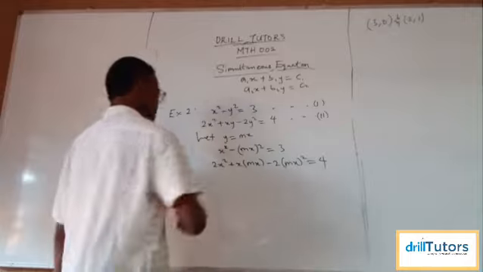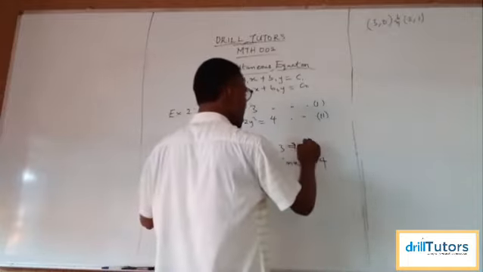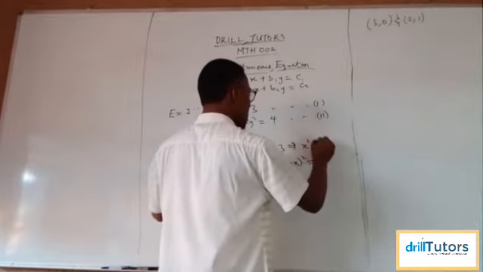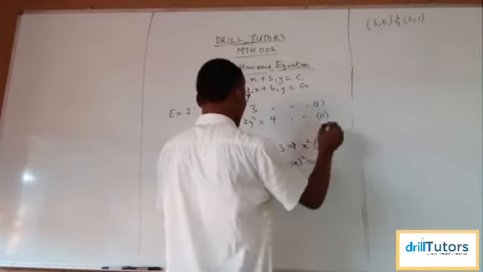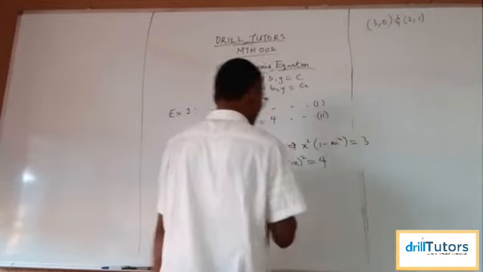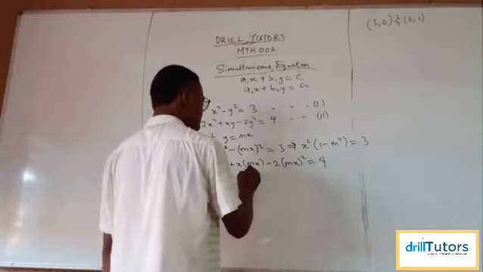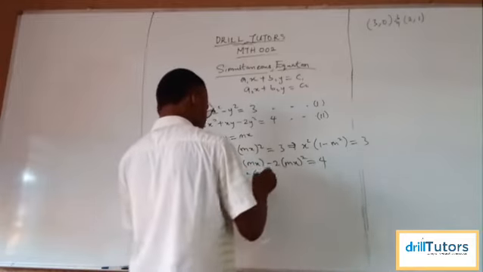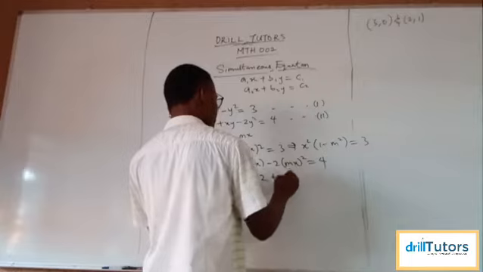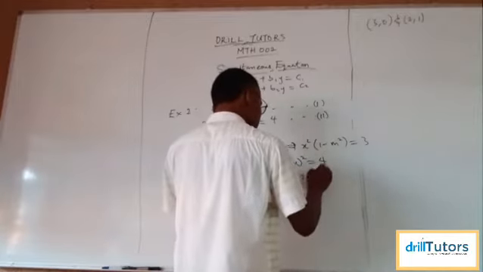Now what we have here, equation 1 is also the same thing as s squared into bracket 1 minus m squared to be equal to 3. And equation 2 is the same thing as s squared into bracket 2 plus n minus 2m squared to be equal to 4.